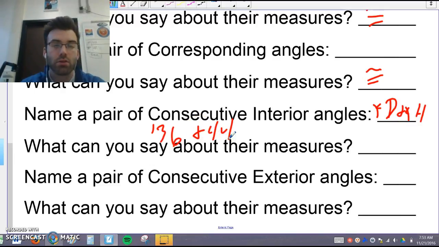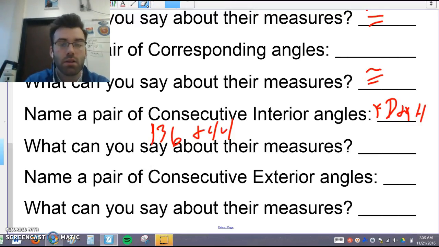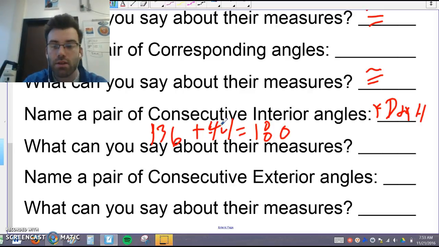They're not congruent. They're not complementary, they don't add up to 90 degrees, but if I change this to a plus, they give us 180 degrees. So consecutive interior angles should be supplementary.